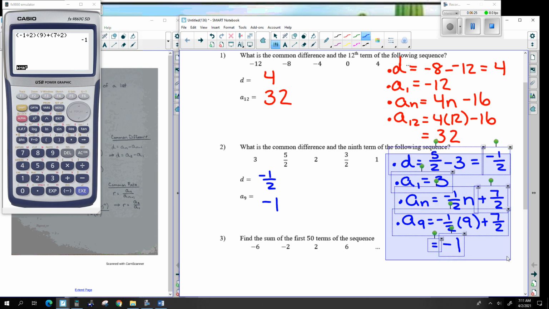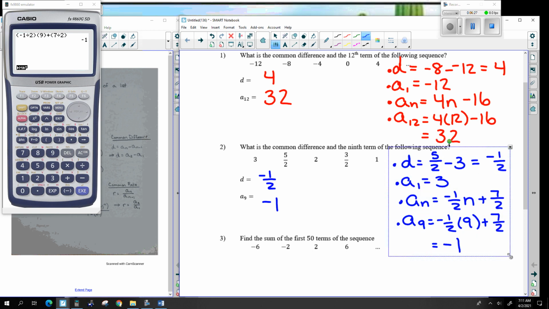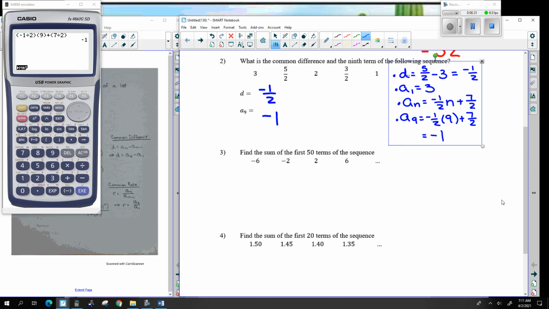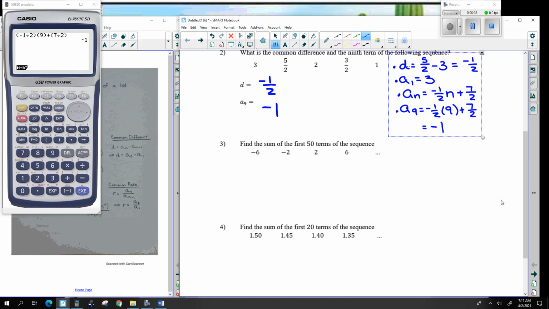Okay, now we're going to get into the summation. This next problem is getting into the summation. It says find the sum of the first 50 terms. Here we have 4 terms.